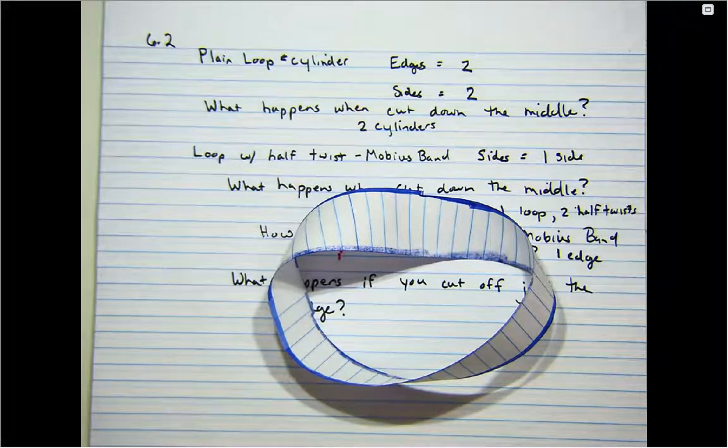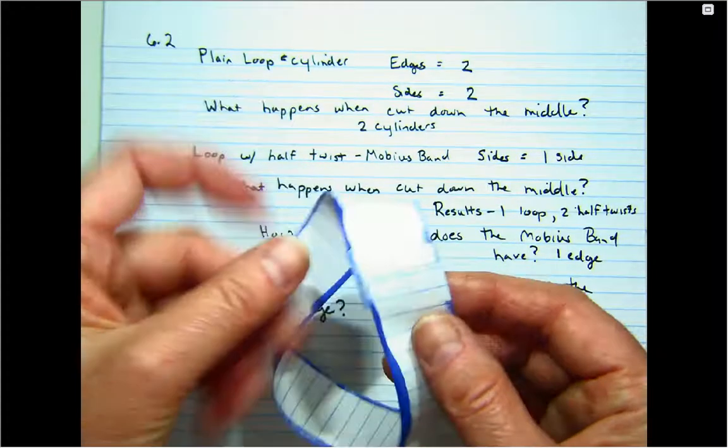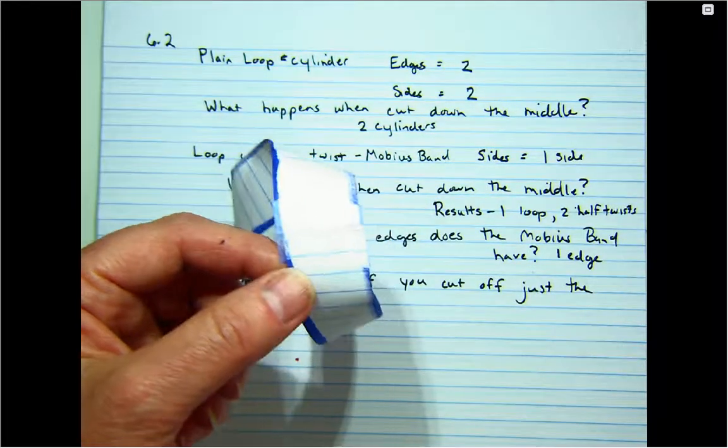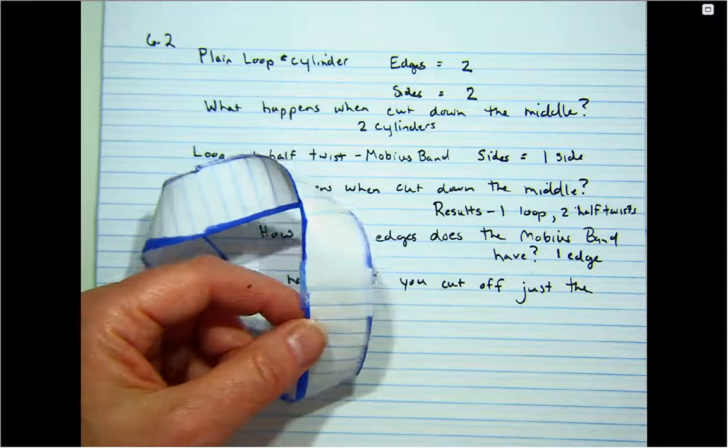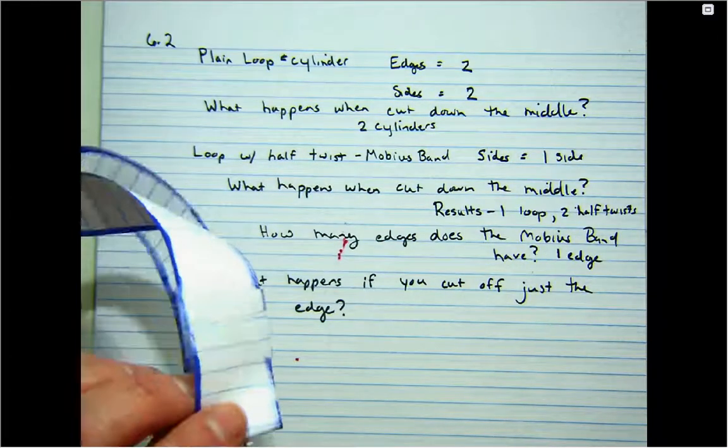So you can write down your prediction, and then we'll go ahead and see. Now, before you cut off the edge, make sure your seam is nicely taped so that when you cut off the edge it doesn't fall apart. We're going to be close to the edge here, just a little bit in.